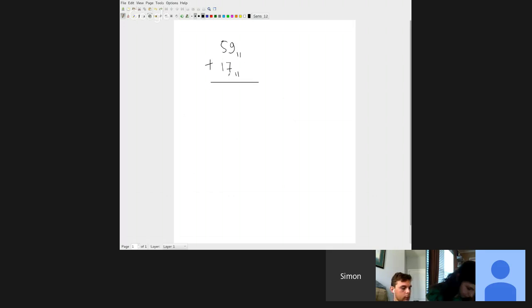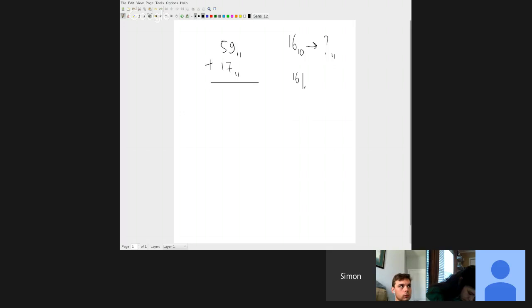Let me now add 7 plus 9. We know that in the decimal number system it would be 16. What is 16 in decimal if we convert it to base 11? To convert from decimal to an arbitrary base, we have to divide the number by the base.